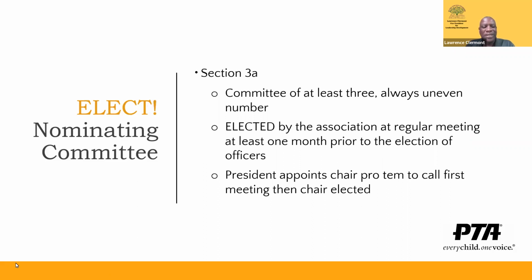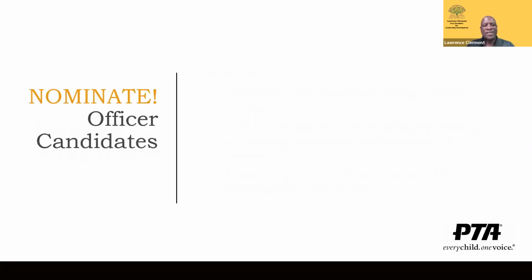And once the nominating committee members are determined, the president then appoints what we call a chair pro tem, basically a temporary chair, to call the first meeting at which the chair of the nominating committee will then be elected by the members of the nominating committee. Next slide.